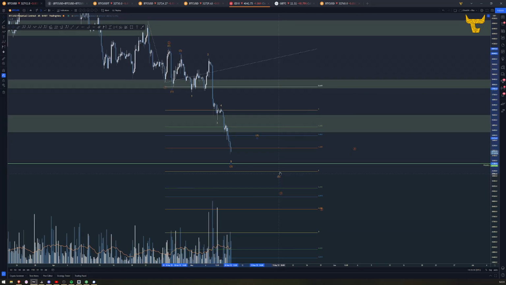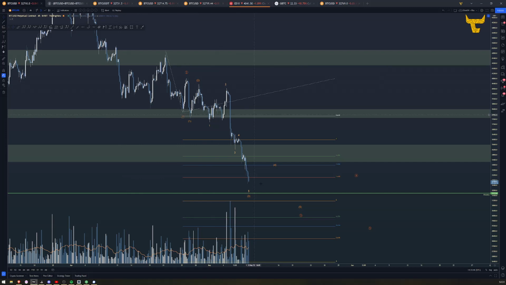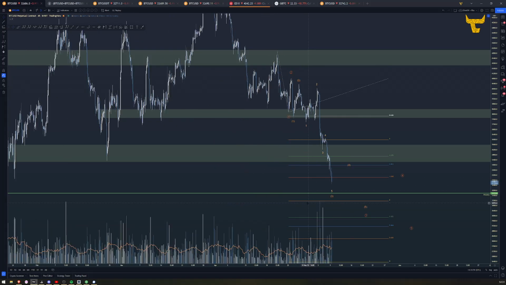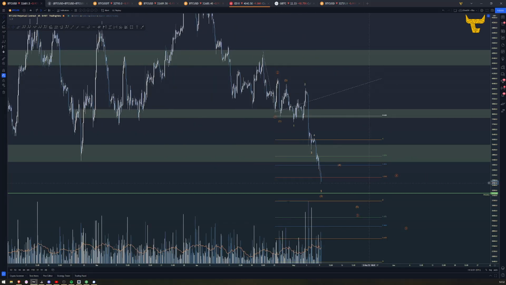Now, as we come, we'll see. You see how this could start to slow down, maybe a bit like we saw here. When you start to look at wave 4 and 5 on several degrees, that's where you might see a slowing down, several bounces.